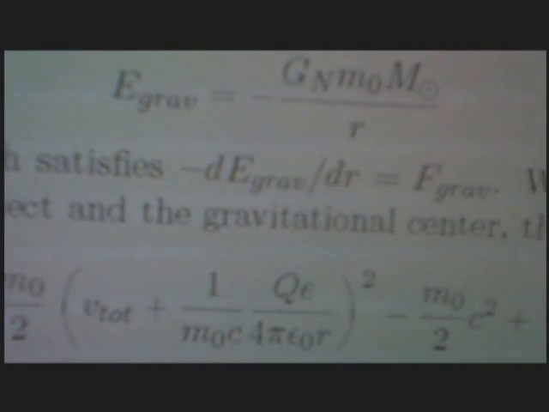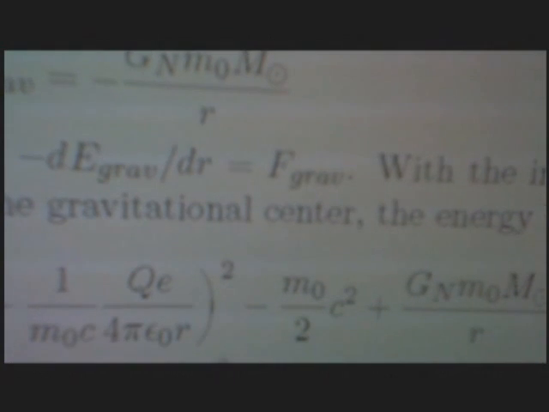Otherwise minus dE gravitational over dr is equal to F gravitational.